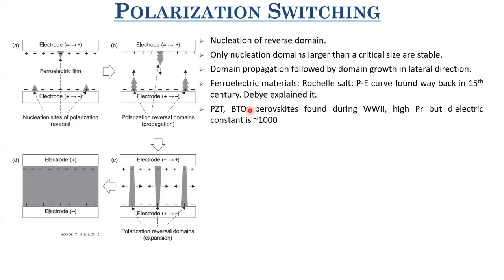These were found during World War II, in the 1940s actually, and when they characterized them, they found that they had a very high Pr, a very high remnant polarization value. However, their dielectric constant was close to 1000. So if something's dielectric constant is very high, can you use it as a gate dielectric? Think about it once.